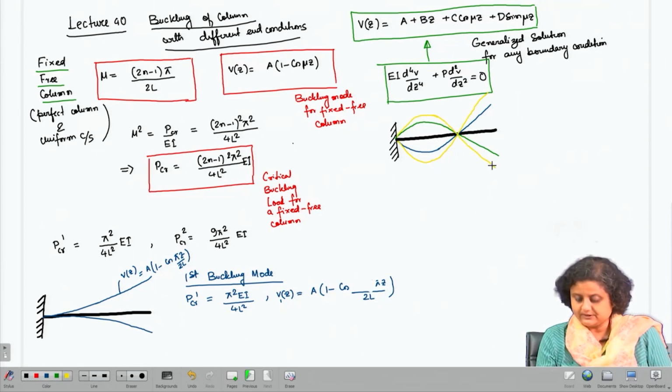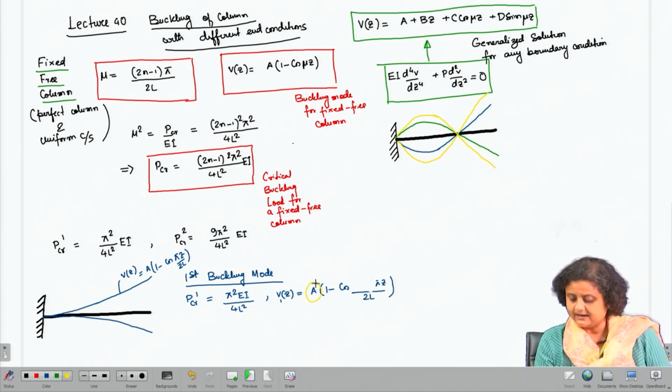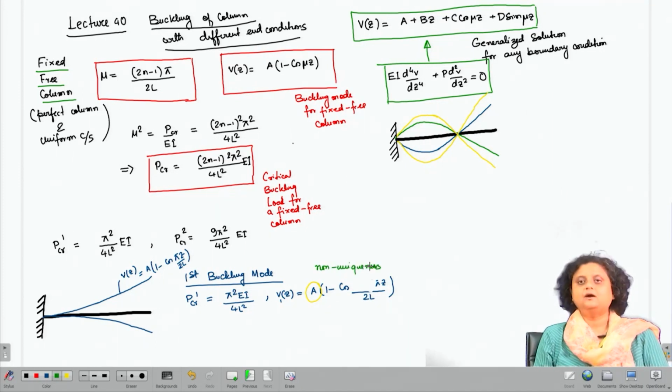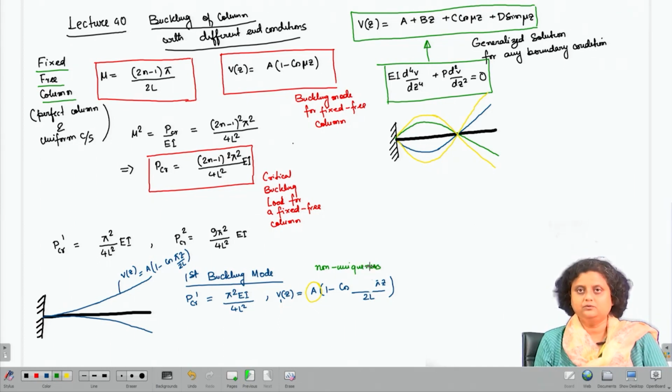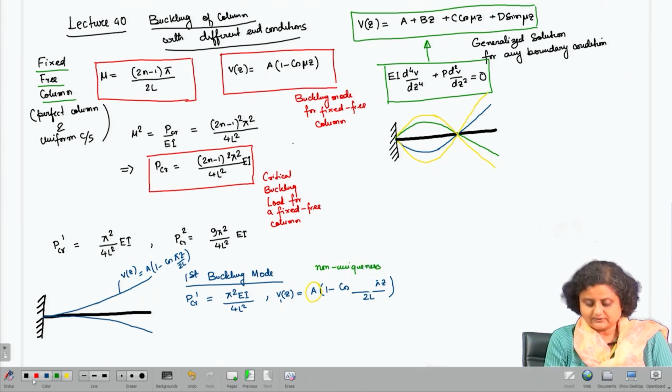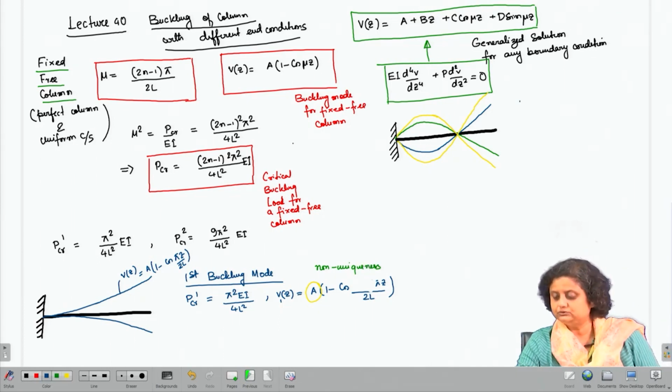Because of this factor A here, we have the non-uniqueness property, which we have discussed in detail for the pin case. Here also we have this non-unique condition. So, this is the second critical mode, P critical 2. This is the second buckling mode.